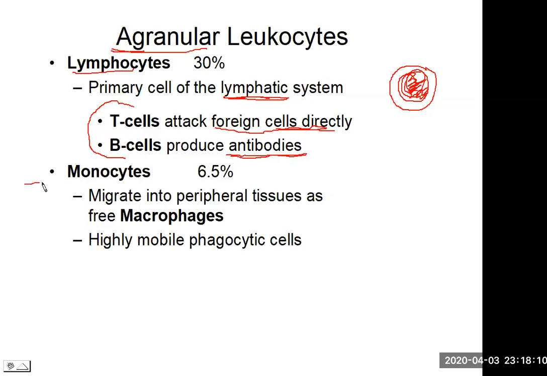Lastly, the monocytes. These have a more generalized immune function, circulating around in our tissues, passing into our various structures as well. So these cells and all white blood cells have the ability to exit the cardiovascular system, migrate into various tissues, and in this case, this is where we have the name change.